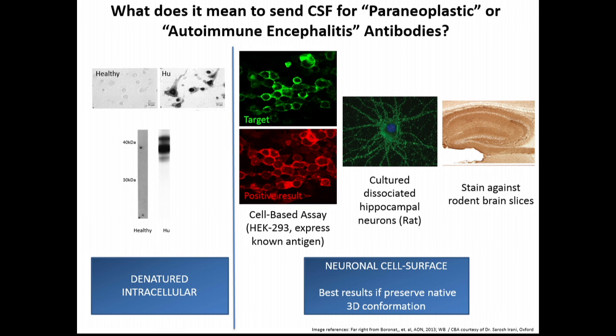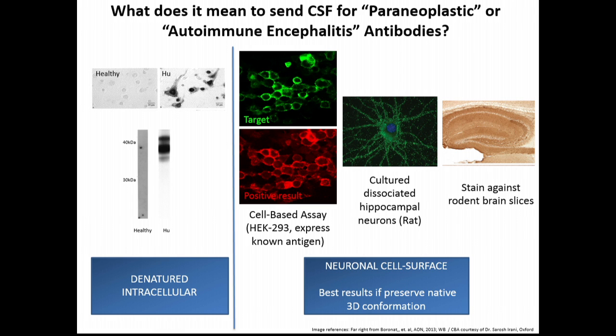So what does it mean when you send serum or CSF for paraneoplastic or autoimmune encephalitis antibodies? I would encourage you to be very specific with your labs about what's being sent. Because if you just write paraneoplastic, you might get a 3-test panel back for Hu, Ri, just these intracellular classical paraneoplastic antigens. There's a lot of different panels. A lot of the major labs have renamed these to try to make this easier.